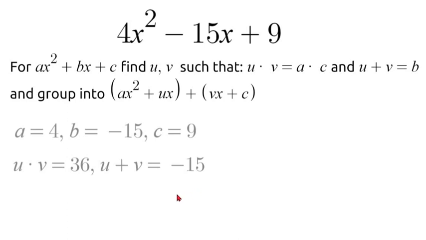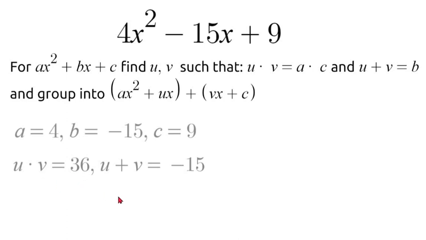Now in order to solve for u and v, we need to have such values that add up to negative 15, and if they multiply, are 36. Now you might be able to infer that both values need to be negative, because we need to add up to a negative value, and two negatives multiplied is a positive number.